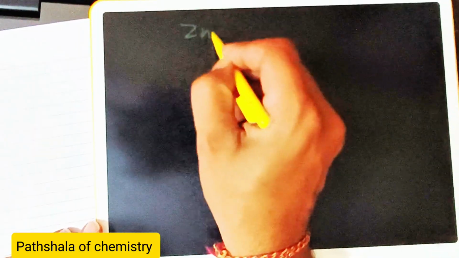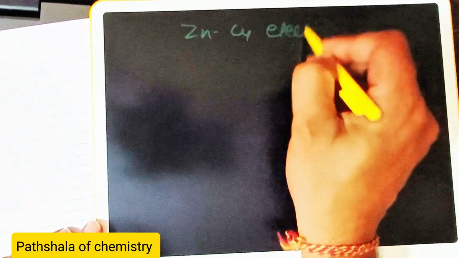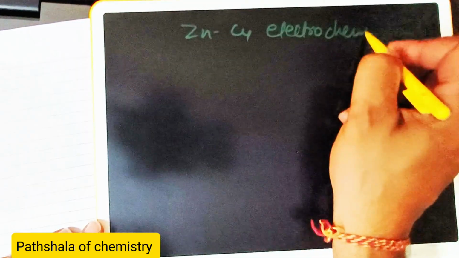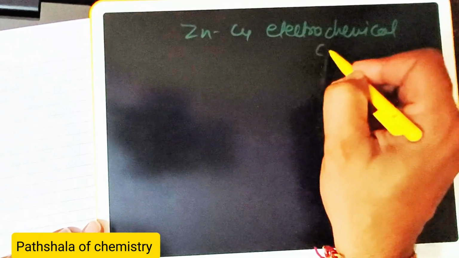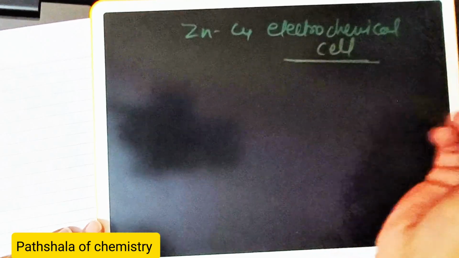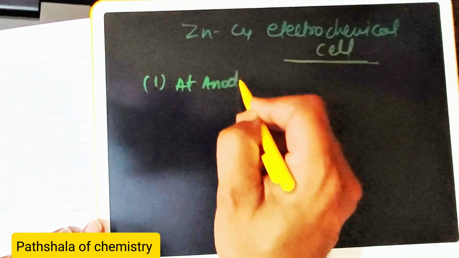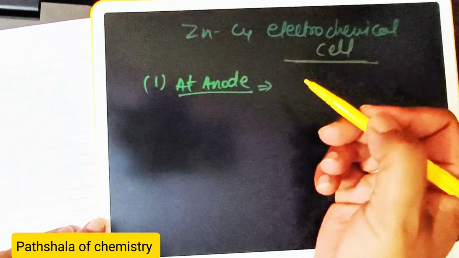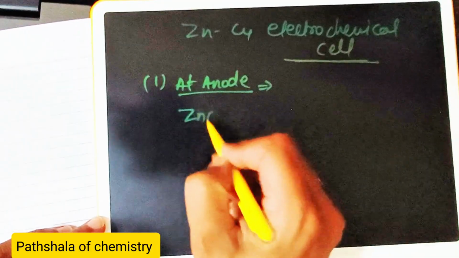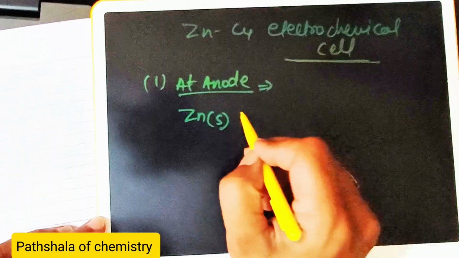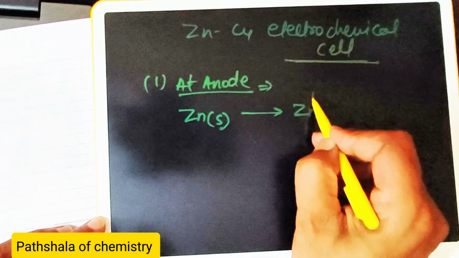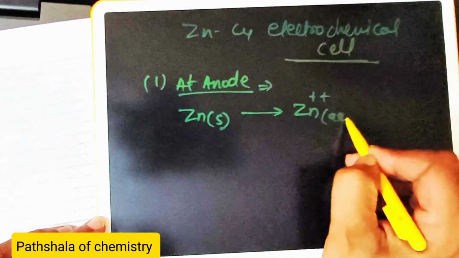Now which kind of reactions take place inside the zinc copper electrochemical cell, meaning inside the Daniell cell? Number one, at the anode. What happens at the anode? The anode is made up of zinc. So solid zinc loses 2 electrons and forms zinc 2 plus ion.